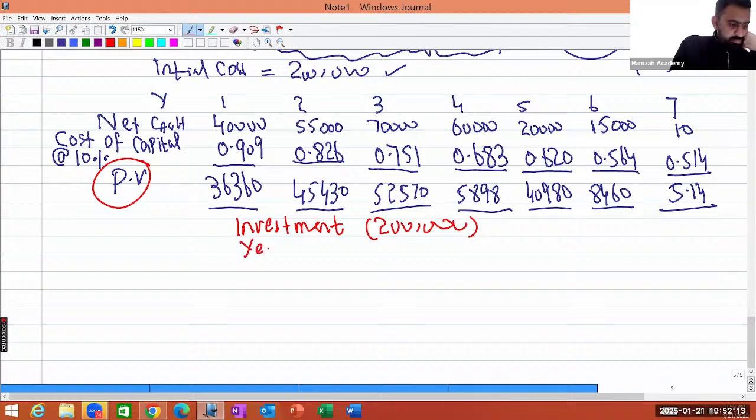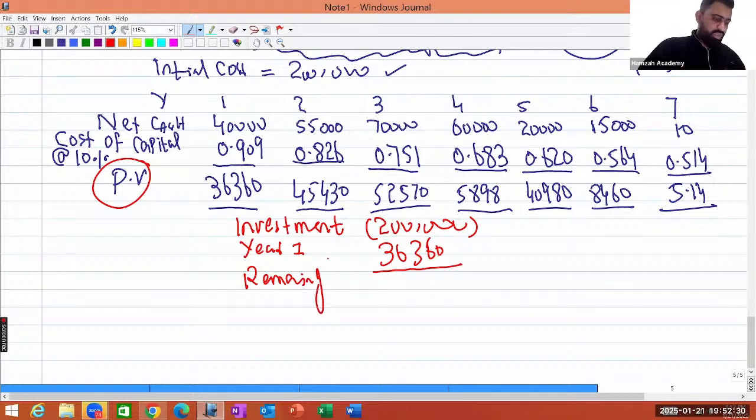But this time, year 1 cash flow will be 36,360. So the remaining will be 163,640.